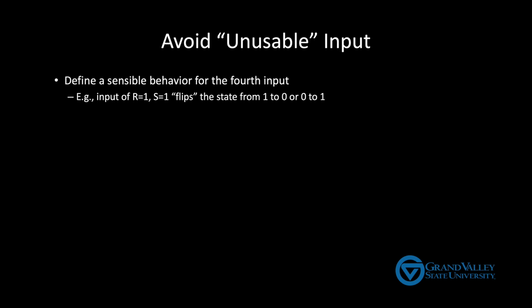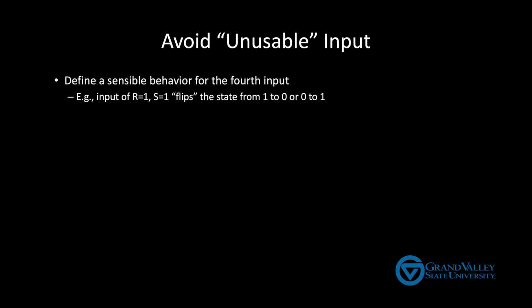If we want to avoid having an unusable input, we have 2 choices. Either we need to define a sensible behavior for that 4th input. For example, we could decide that when R and S are both 1, the circuit should flip its state from 0 to 1 or vice versa. And in fact, we'll encounter this similar idea in a future video.